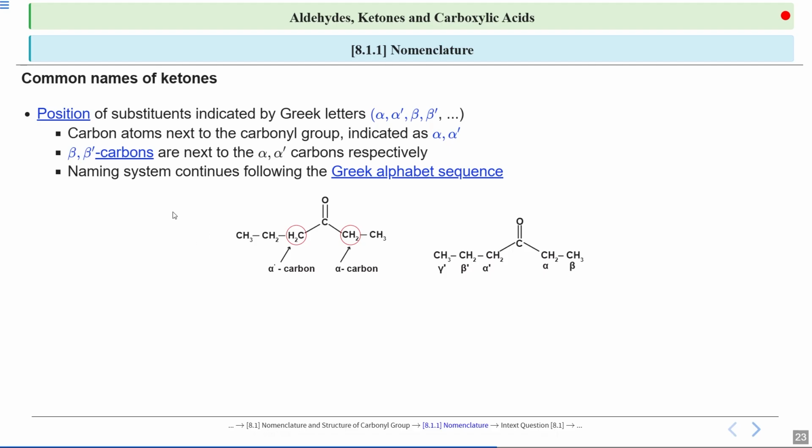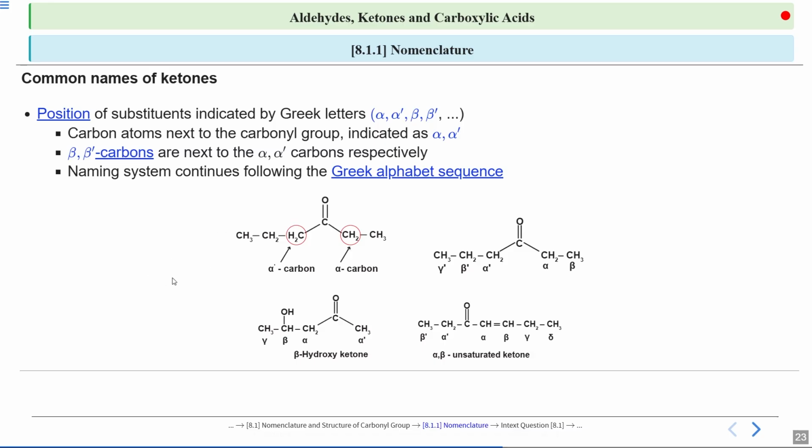Similarly, next to alpha it is beta, and next to alpha dash it is beta dash, and next to beta dash carbon there is gamma dash carbon.